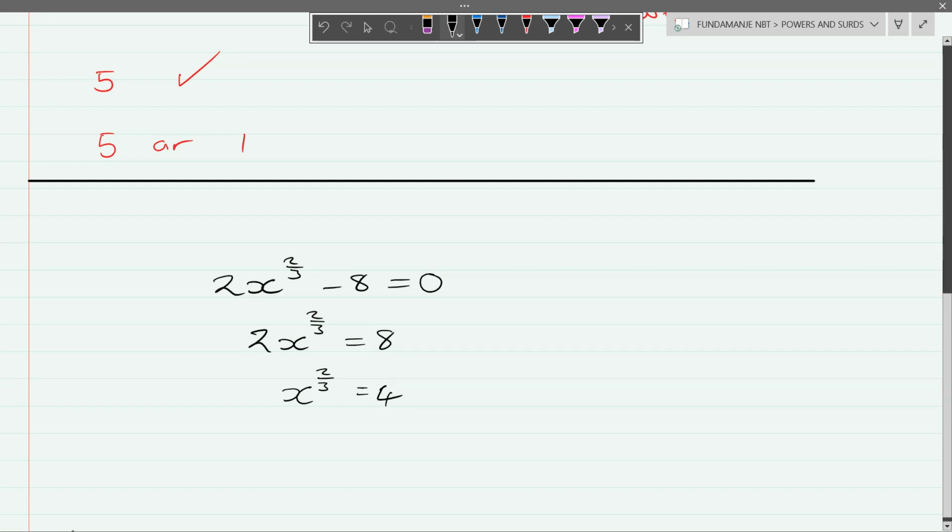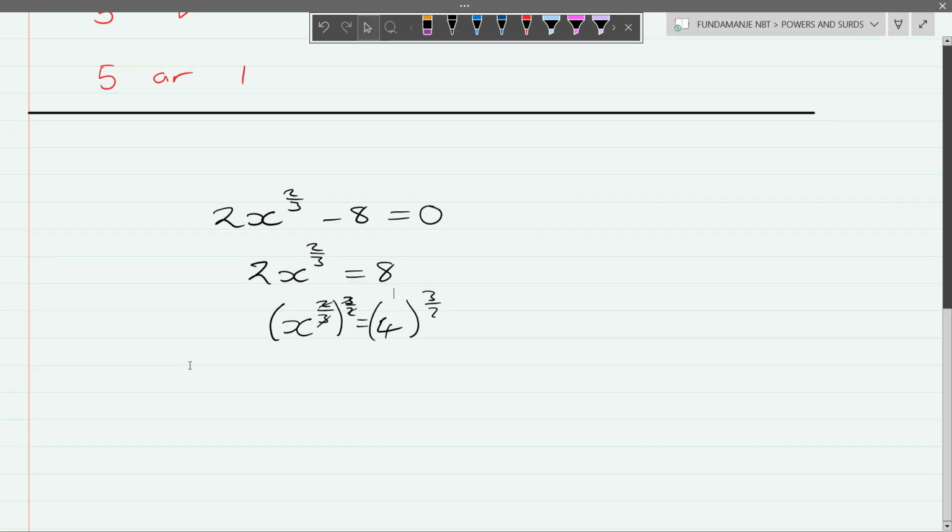Then what we always do is raise both sides to the inverse power of x. So x is raised to the power of 2 over 3, so we raise it to the power of 3 over 2. Same thing with 4, to the power of 3 over 2. The 3 and the 3 cancel, 2 and 2 cancel.